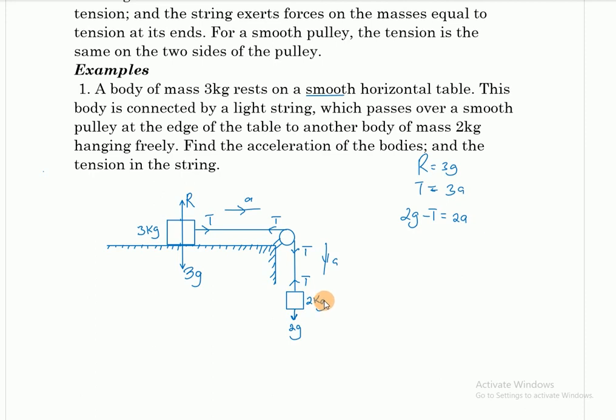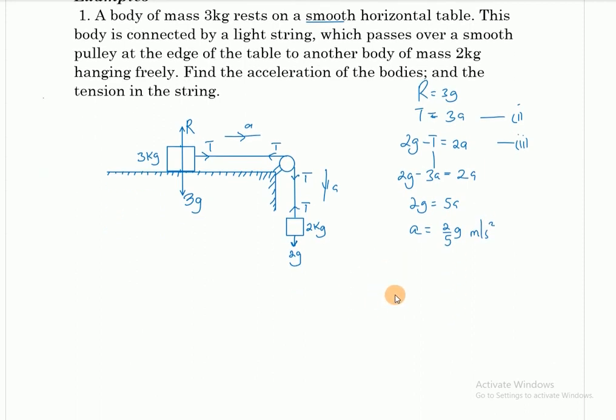If we solve this one and that one, this is my equation 1, this is my equation 2. We have that 2g minus 3a is equal to 2a, because T is the same as 3a. So we have 2g equal to 5a, implying that a is equal to 2/5 times g, in meters per second squared.